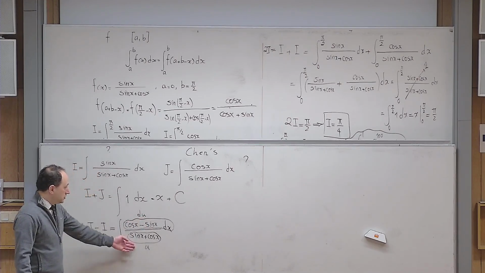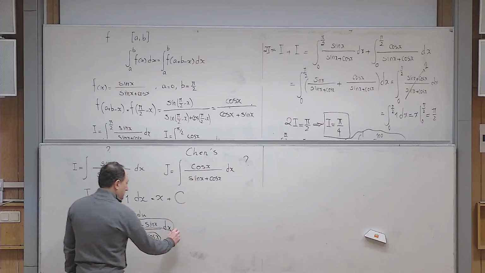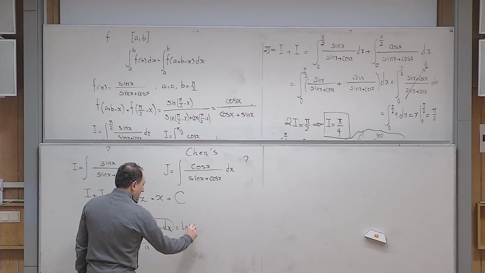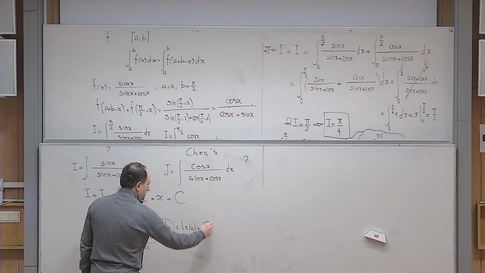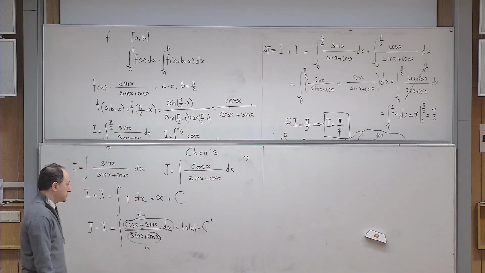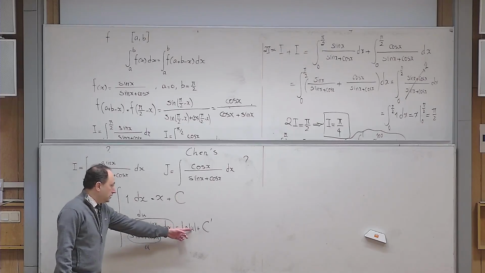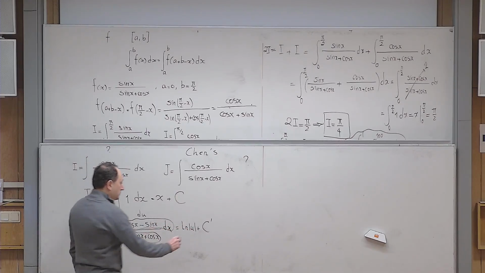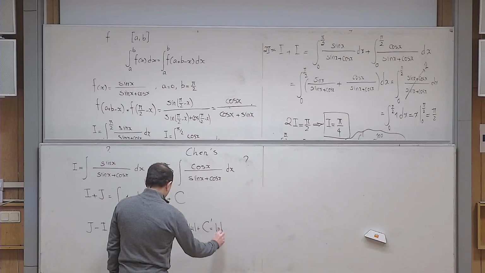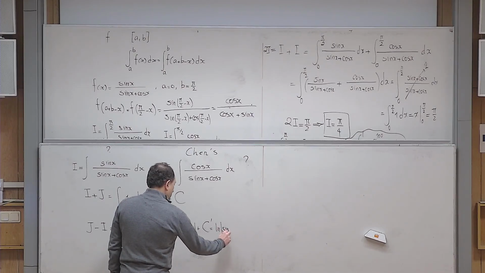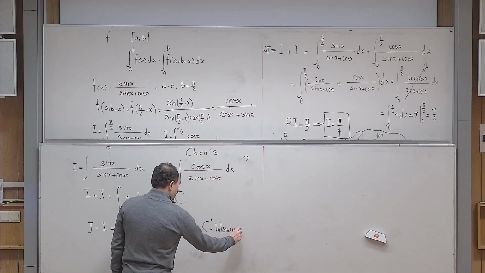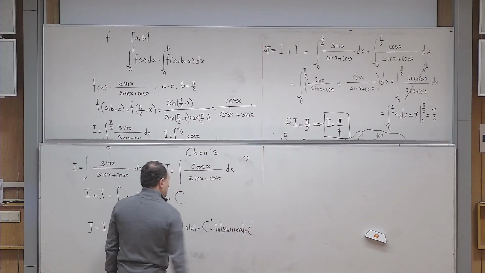So the answer becomes ln of absolute value of u plus a constant of integration, let me call it C prime. And then I replace u with this expression, so this becomes ln of absolute value of sine x plus cosine x plus C prime.